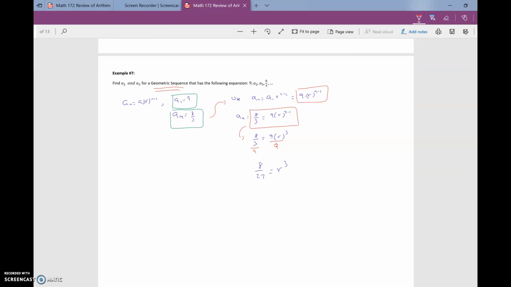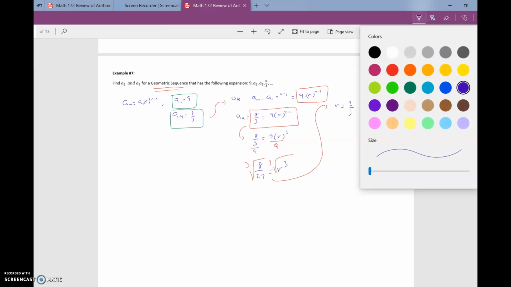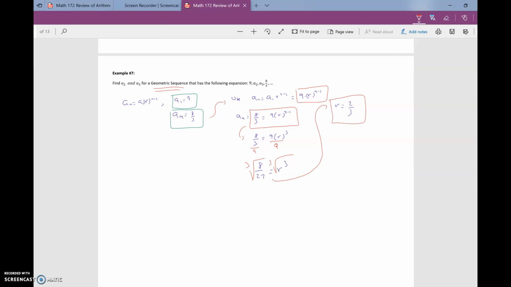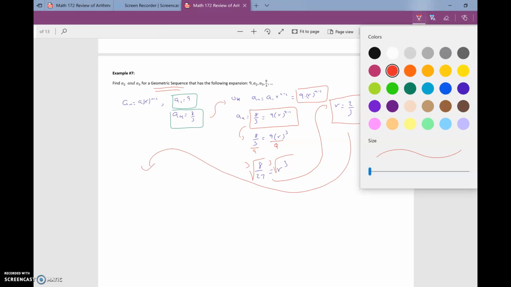Then you can take the cube root of both sides and come to the conclusion that the value of r happens to be 2/3, which is going to allow us to find the next terms.